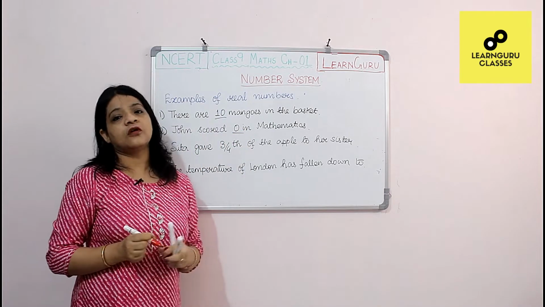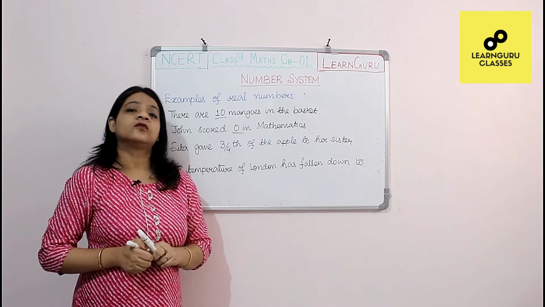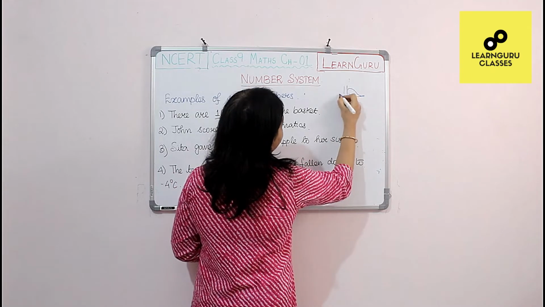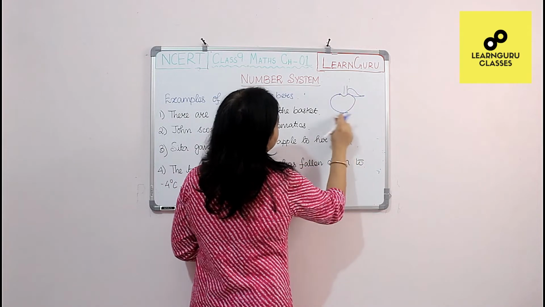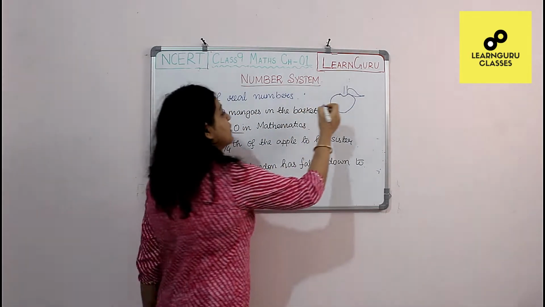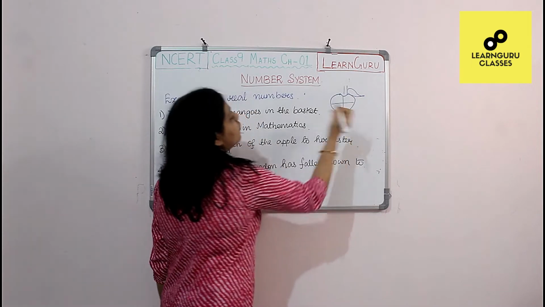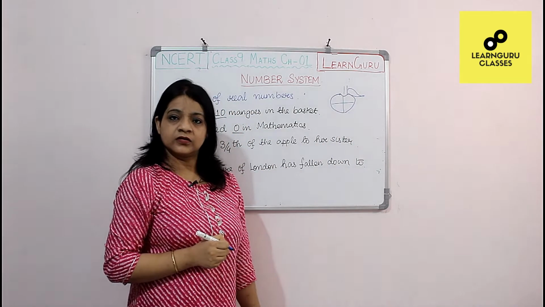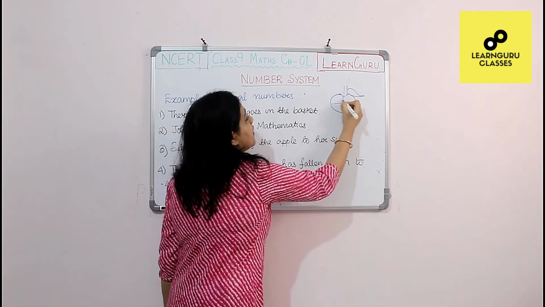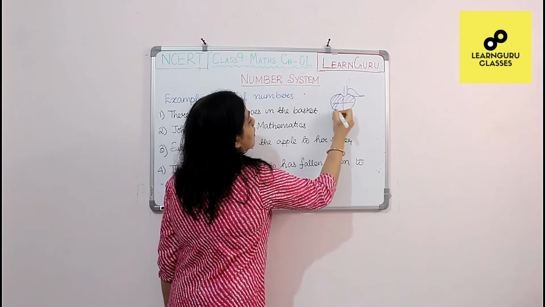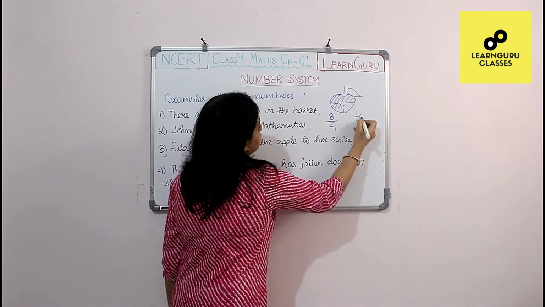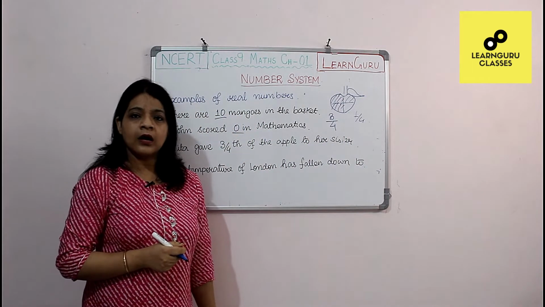Sita gave 3/4 of the apple to her sister. So what does that mean? That means that 1 apple is there. Forgive my drawing. This apple is divided into 4 equal parts. She has cut the apple into 4 equal parts, and 3 parts she has given to her sister, and 1/4 part she has kept for herself.